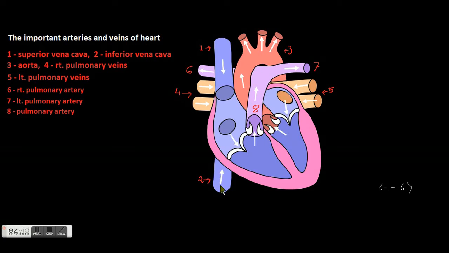That means through this path blood flows from the organs into the heart. And below is the inferior vena cava. So the top is superior vena cava, below is inferior vena cava, 1 and 2. 3 is the aorta, that round thing with 3 branches moving out. 3 is called the aorta. It is the main artery.